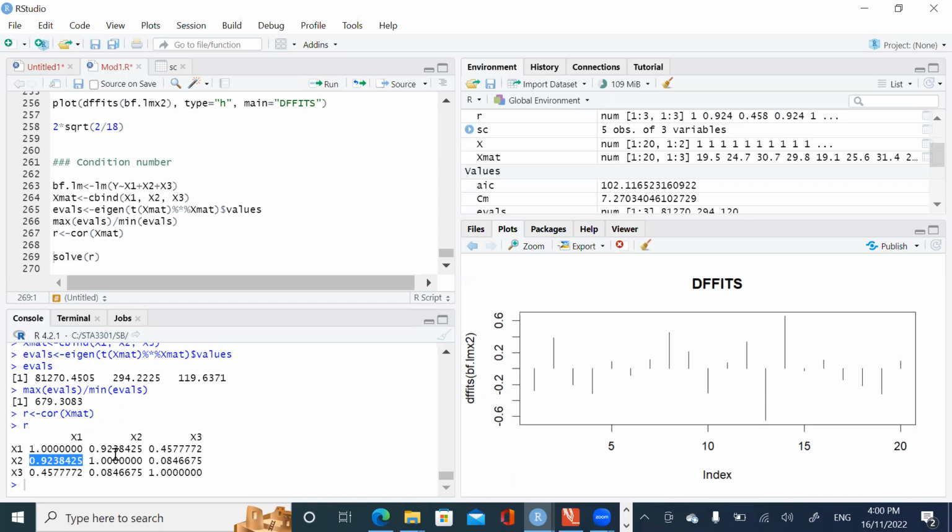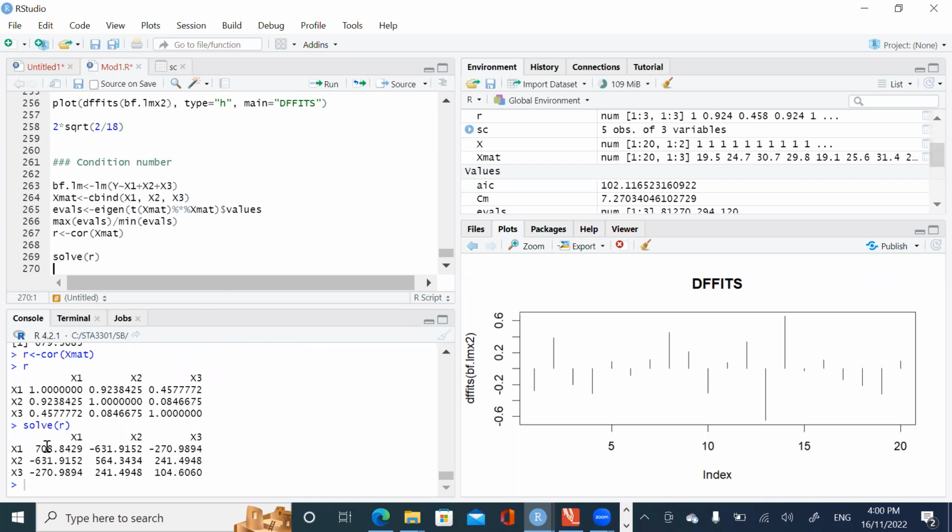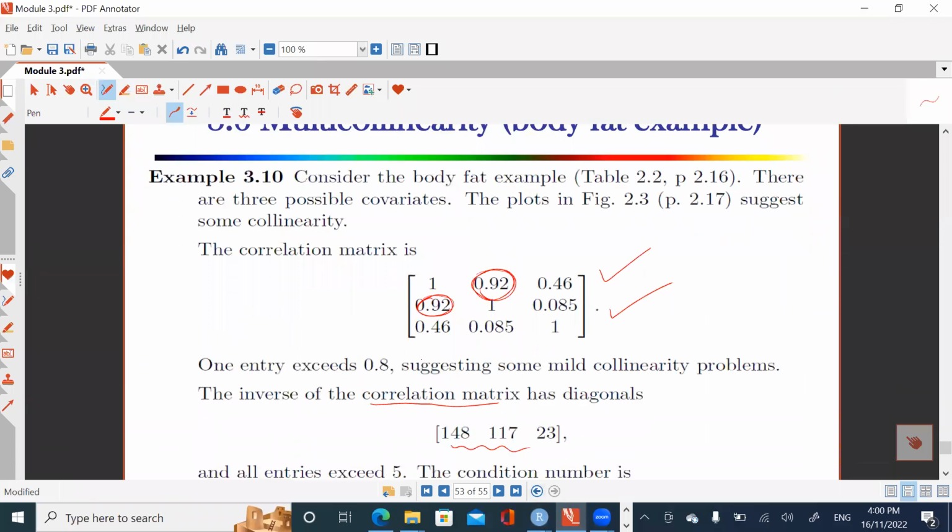That means we should include either x1 or x2, not both, because they are highly correlated. And if I use solve of R, all of these, especially the diagonal, are greater than 5. So that means there is a multicollinearity problem here.